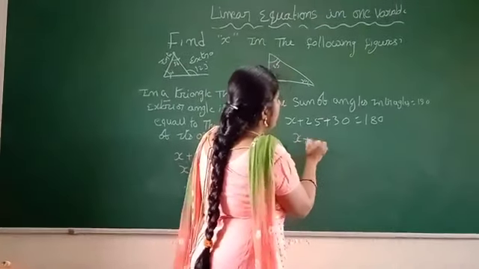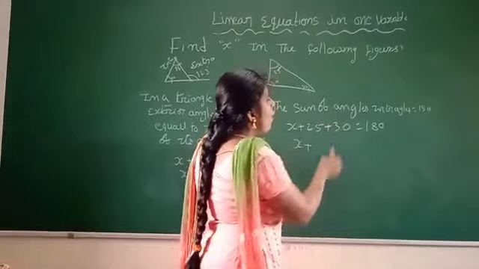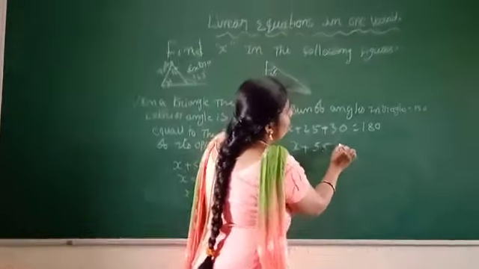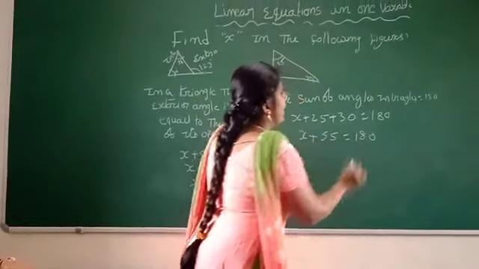So x plus 25 plus 30 equal to 180 degrees. 25 plus 30 is 55, so x plus 55 equal to 180 degrees.